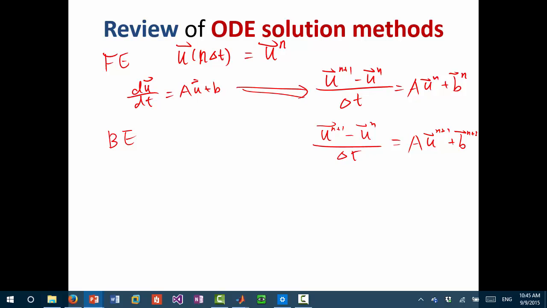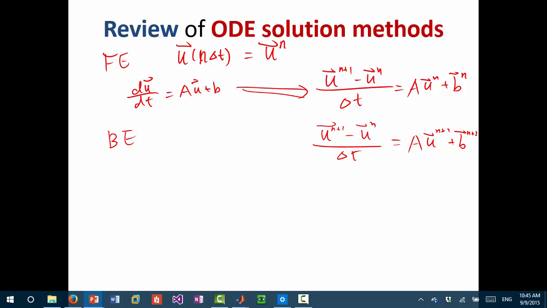So forward Euler is only stable for small delta t, and also requires the eigenvalues of the matrix A to be within a particular circle for a particular delta t. The larger the delta t is, the more the circle is going to shrink.